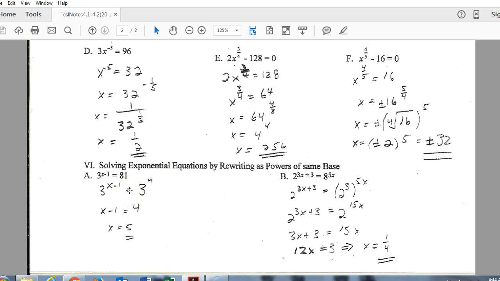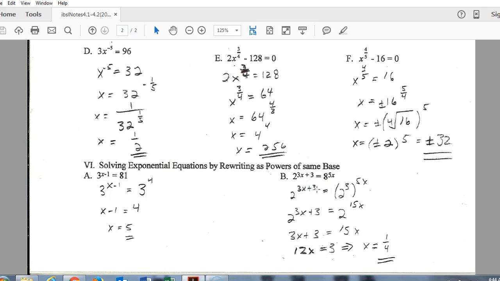This is an equation, this is equal, so whatever is on the left is equal to whatever is on the right. So that would mean that if their bases are equal, then for this equation to be true, the exponents would have to be equal, which means the x minus 1 would have to be equal to 4, and that gives me the setup that you see right here, and I can solve for x. And you can test it, take that 5, plug it back in, and you'll see that it fits.